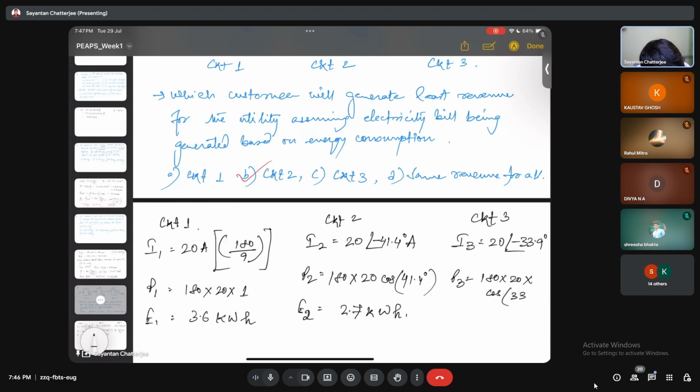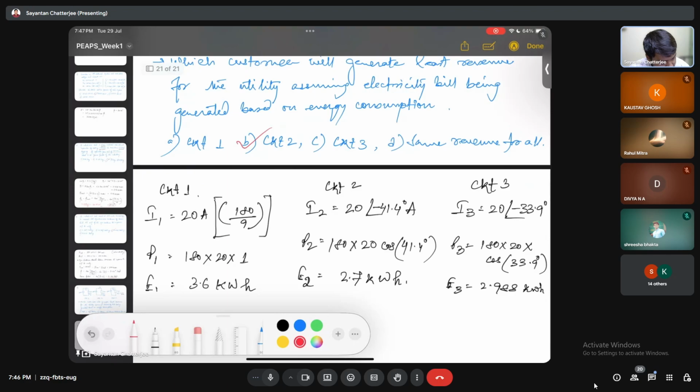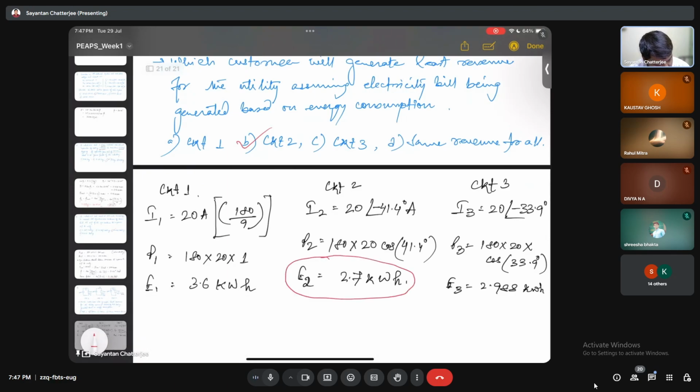So this will be 33.9, and accordingly, if we multiply by cos 33.9, it will be 2.988. Energy 3 will be 2.988.